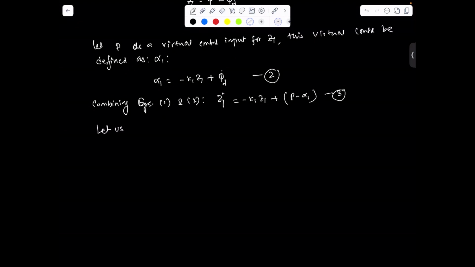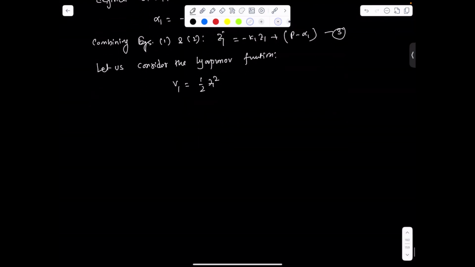Now let us consider the Lyapunov function V. So Lyapunov function we choose for analysis on stability of the system. So let us choose V1 equal to half G1 square, and V1 dot we can write G1 and G1 dot.